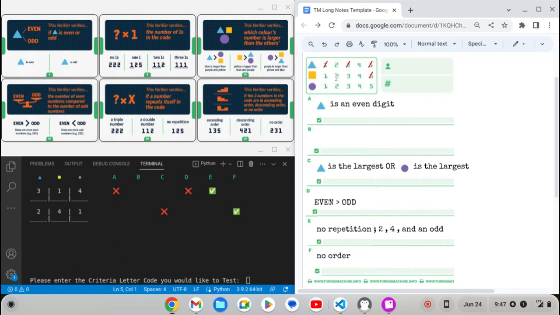So it's a square that can't be the largest. Okay, well this is interesting. Oh, maybe I should have caught this earlier. So that would mean that square can't be 4 either. Can it? Can square be 4? Well, it's not the largest.